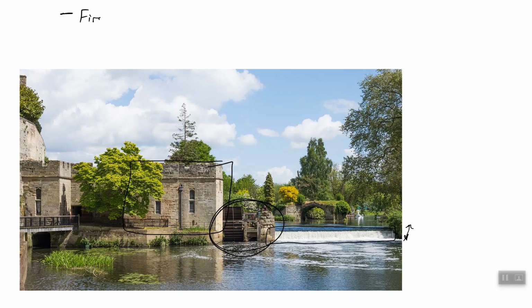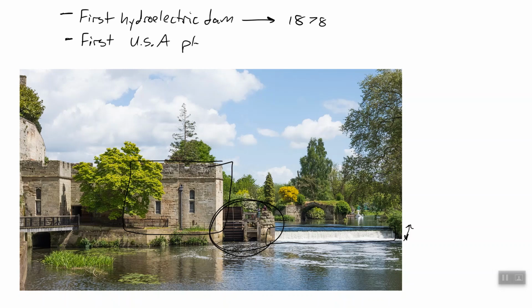In fact, the first hydroelectric dam came about in 1878 in England. And the first hydroelectric plant in the USA followed very soon after in 1881. And that was at Niagara Falls.